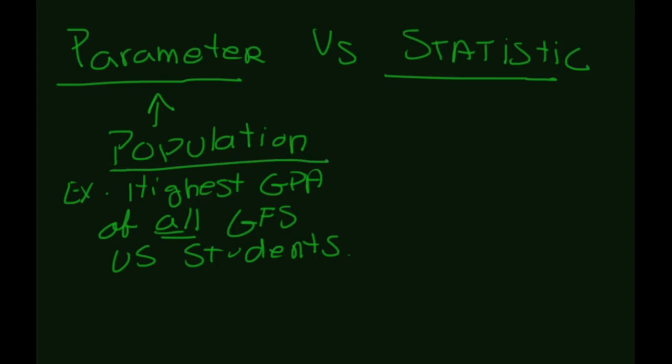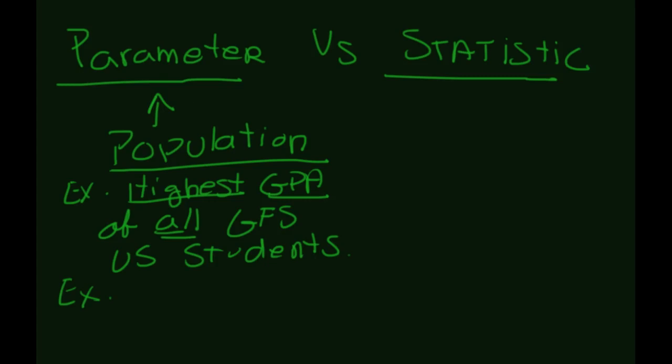GPA is a numerical measurement, and I'm taking the maximum, so this is a claim about a numerical measurement of this population. Its highest GPA would be a parameter of that population. We might compare our highest GPA to the highest GPA of a student at Bryn Mawr, and the highest GPA of a student at Rolling Park Country School. So you could compare parameters of different populations.